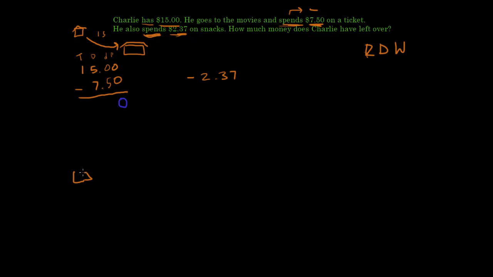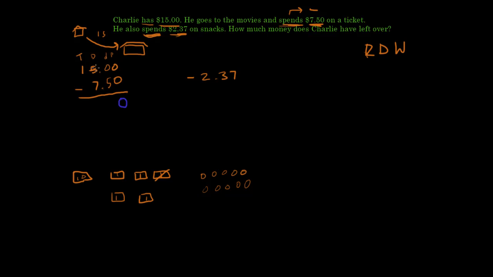He has one $10 bill and 1, 2, 3, 4, 5 $1 bills. We're going to break one of these up and change it into dimes. $1 is the same as 10 dimes. So we borrow from this dollar to get 1, 2, 3, 4, 5, 6, 7, 8, 9, and 10 dimes.